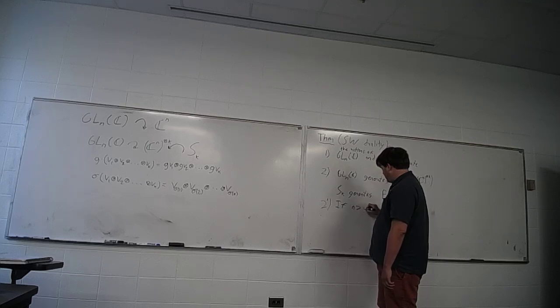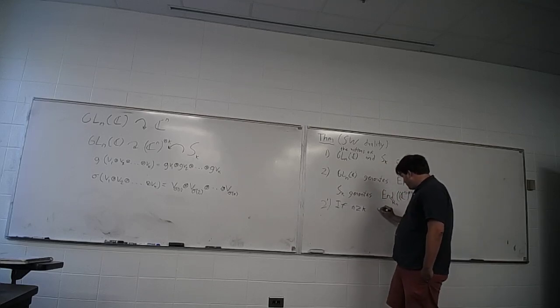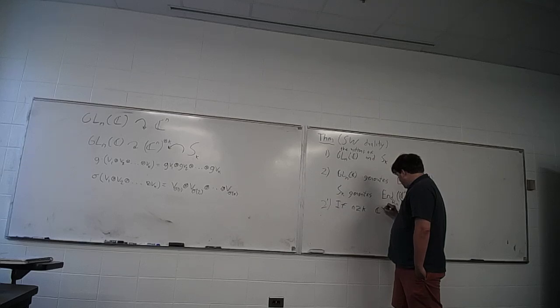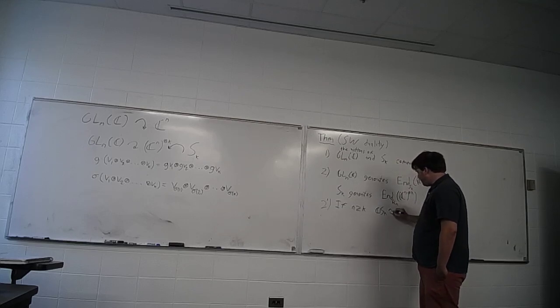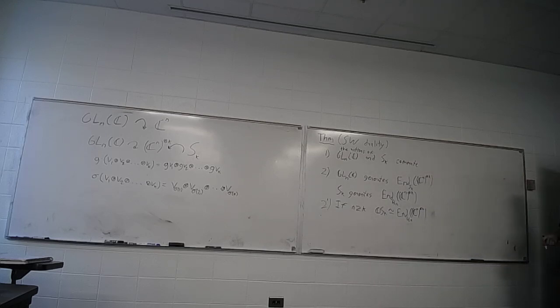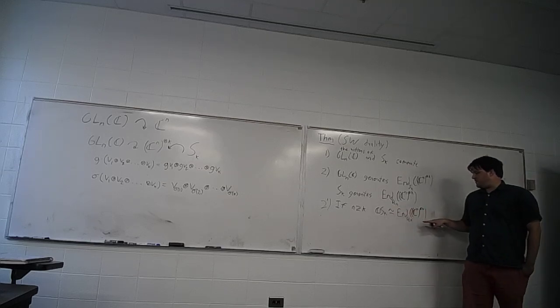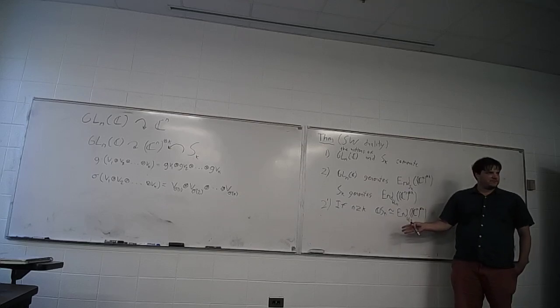I should say that in fact the second statement, maybe I'll call it 2 prime, is that if n is greater than or equal to k, this is actually an isomorphism: the group algebra of S_k is isomorphic to this endomorphism algebra. That's maybe the more familiar statement for some people: provided n is large enough, this endomorphism algebra is actually just the group algebra of the symmetric group.